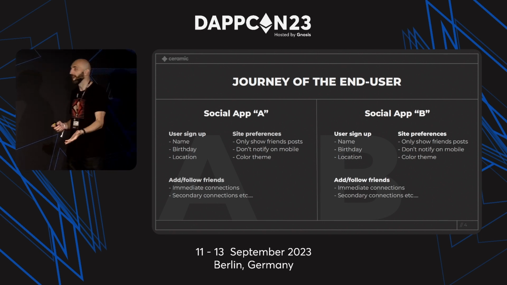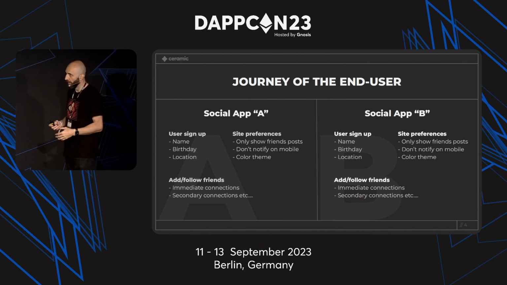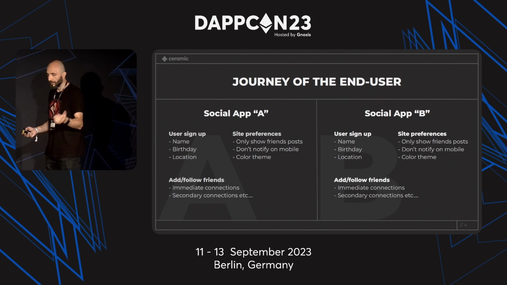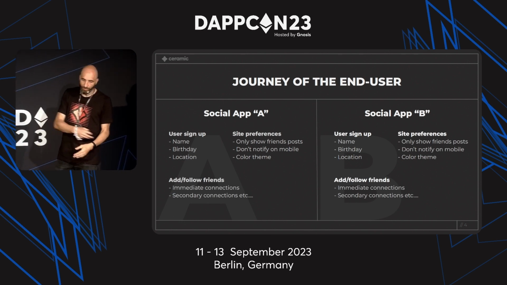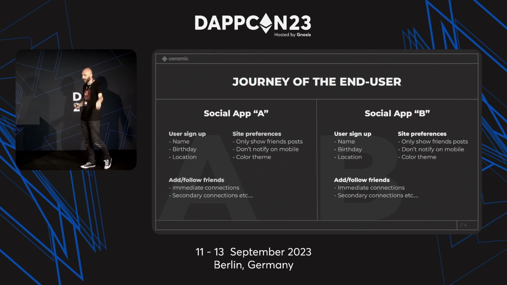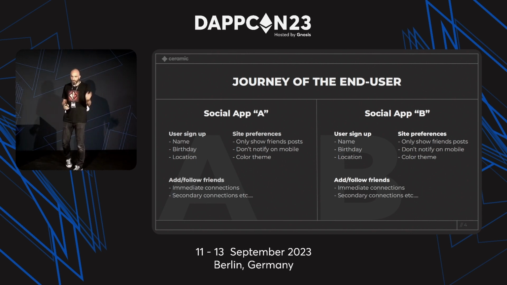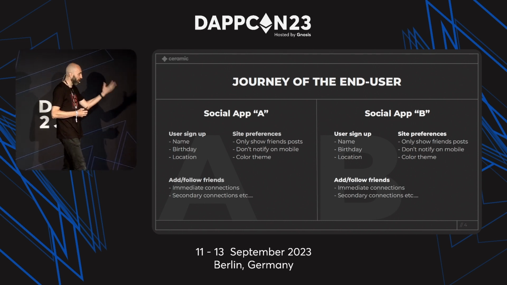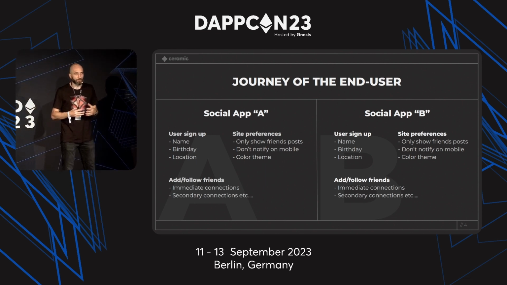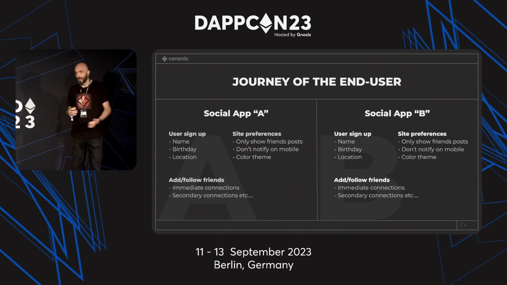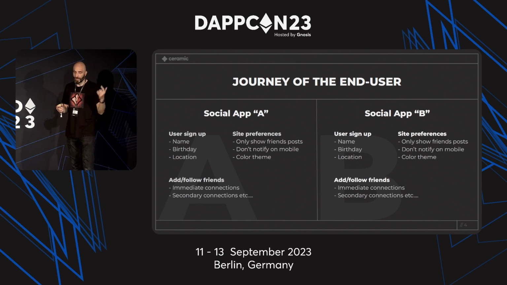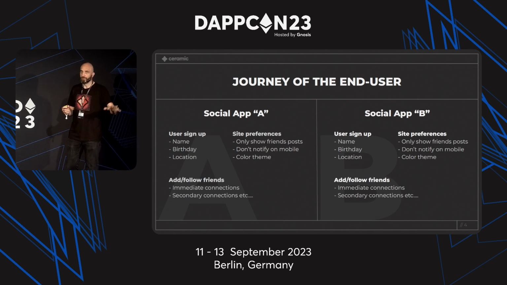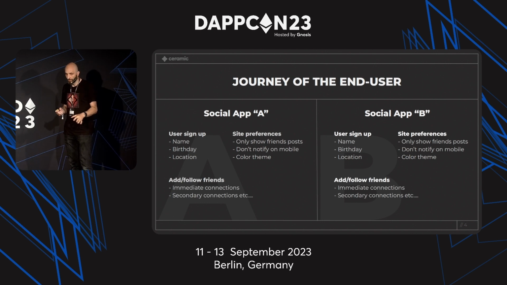And then once I'm signed up, I have some ways to customize my experience, like site preferences, showing some posts, blocking some people, choosing other settings. And once I start using the social app, then I have my social graph. I'm adding friends, I'm following friends, I'm blocking people that I don't want to see anything from, and so on. So that's when I came to Twitter.